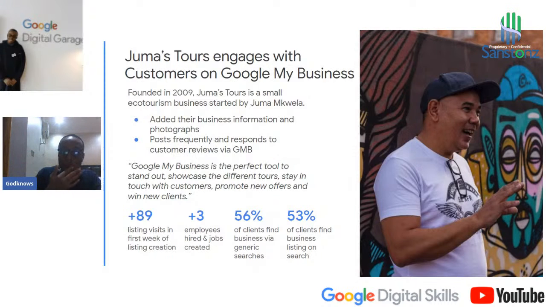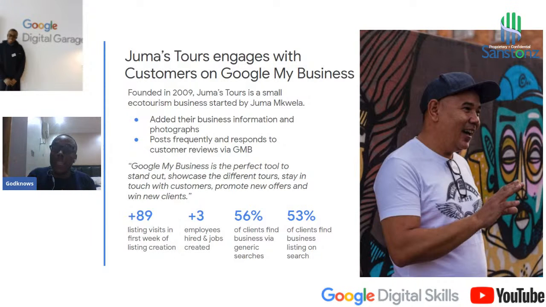Don't forget. Now, Juma Stores is another business in South Africa. They found out about Google My Business in 2009. And since then, he has been having an amazing time. He has been really cruising with Google My Business. He has gotten over 29 listing visits in the first week of listing creation.